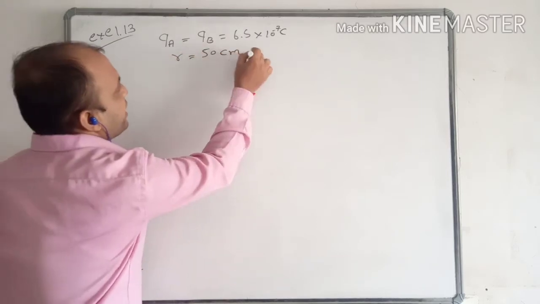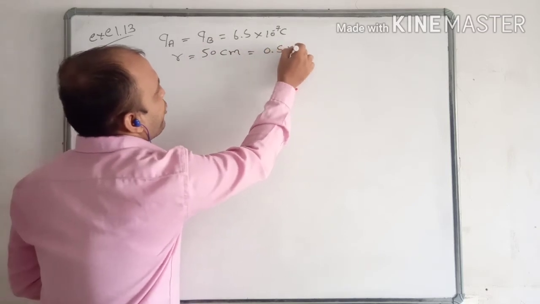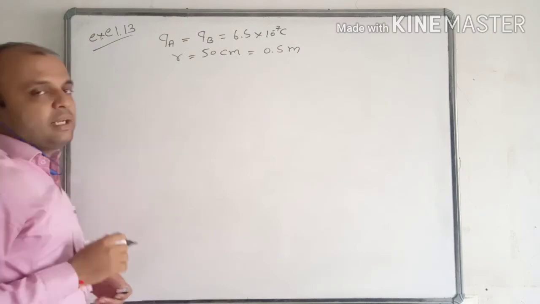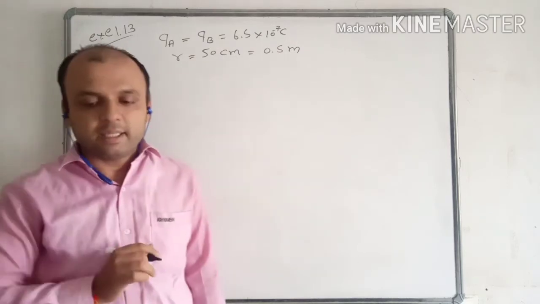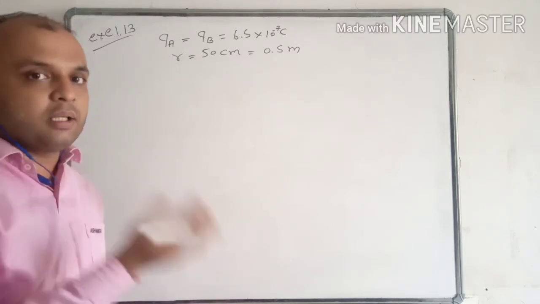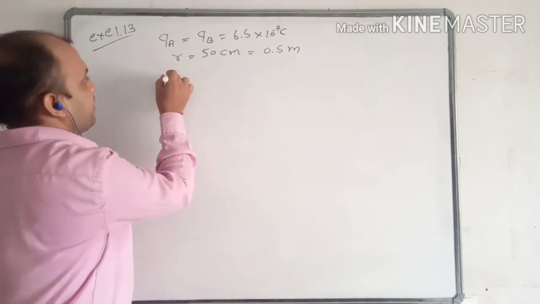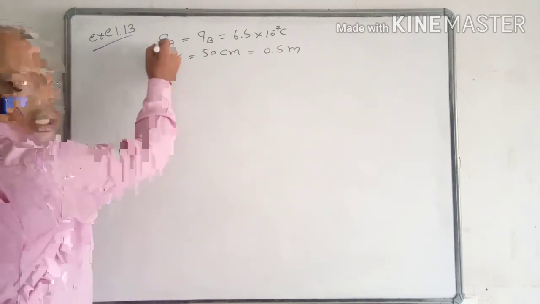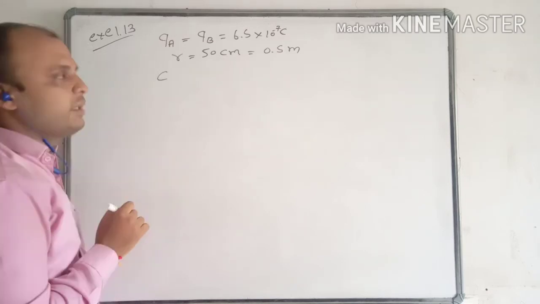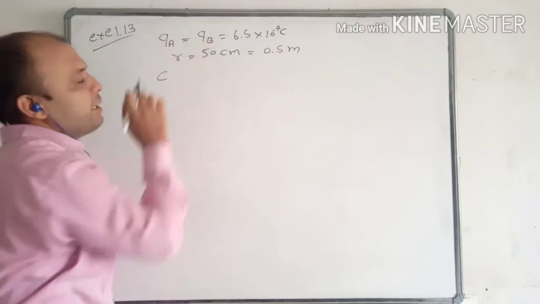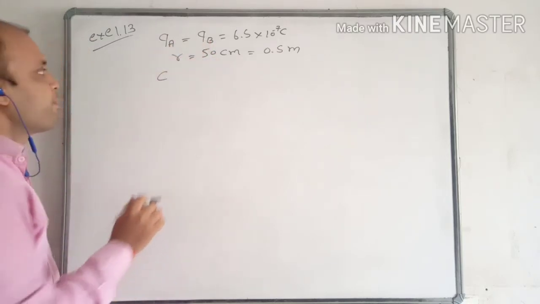So again convert it into meter, which gives you 0.5 meter. We are given one condition: we have to connect another chargeless sphere C with sphere A initially, then with sphere B, and after that we have to find the force between the A and B spheres.